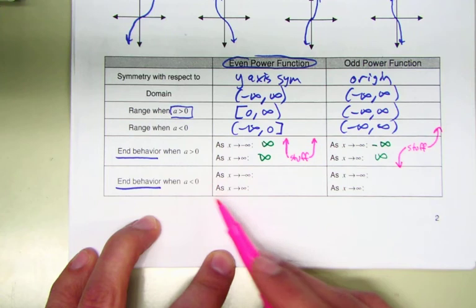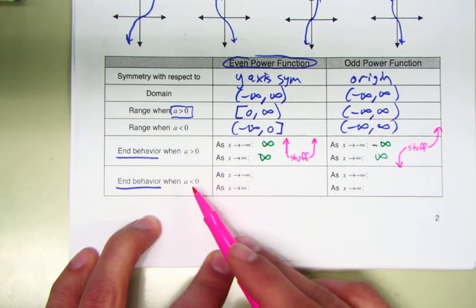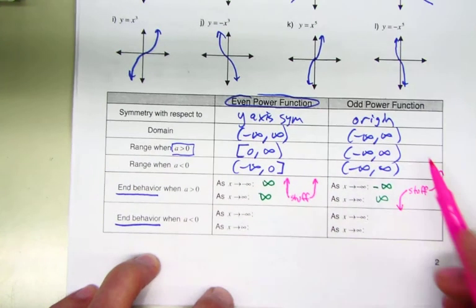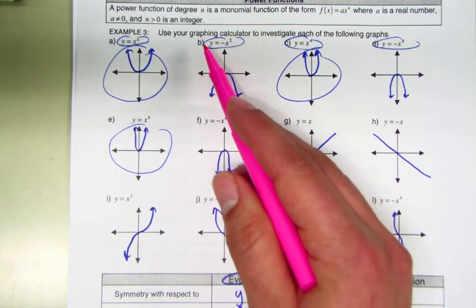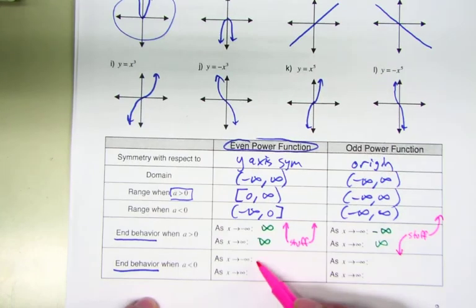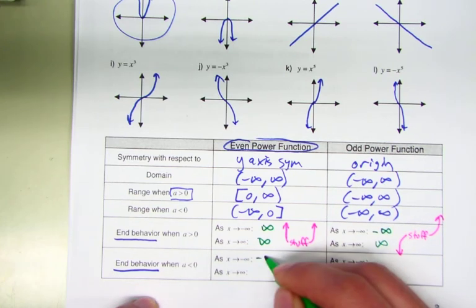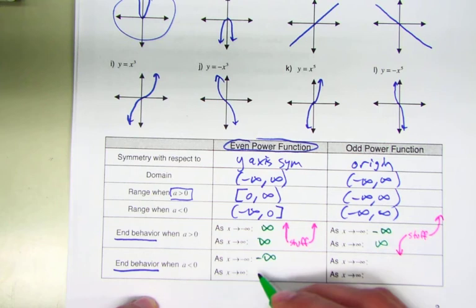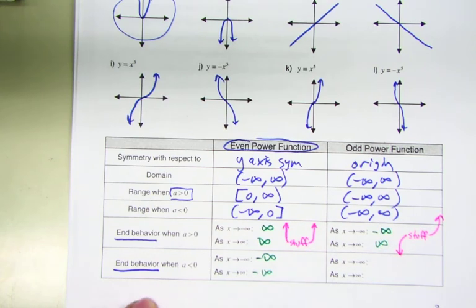All right, so let's look at what happens if the coefficient is negative. So for the even graphs, like B or F, as we go to the left, where's the graph headed? Negative infinity. And as we go to the right, it's also headed back down to negative infinity.